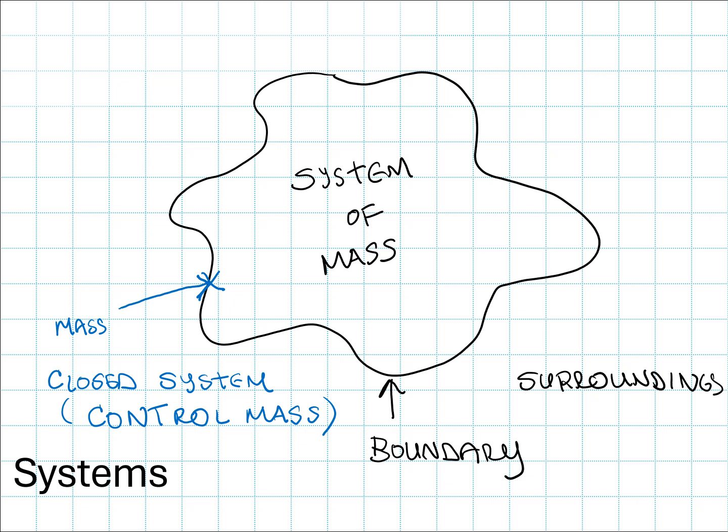In most closed systems, energy can pass through the boundary. So it can go from the surroundings into the system of mass, or it can cross from the system of mass out into the surroundings.